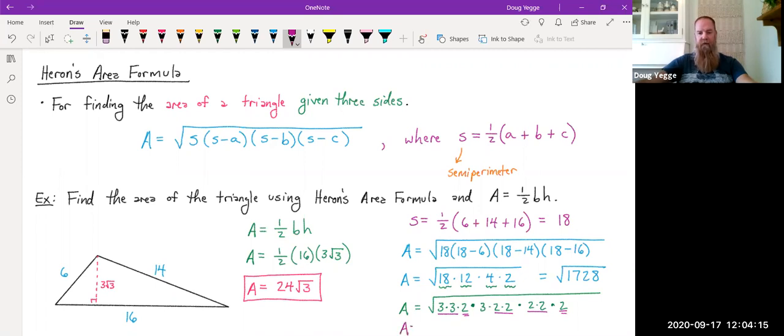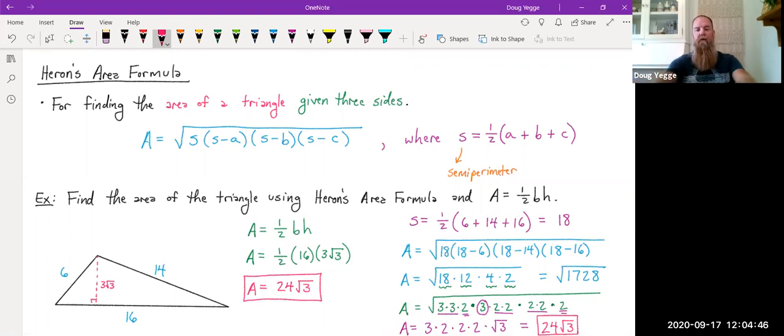So we're left with the area is equal to 3 times 2 times 2 times 2 times the square root of 3, which is the only quantity that we didn't have a pair for, which simplifies to 24√3, which sure enough is the exact same answer that we got from using the base-height formula.